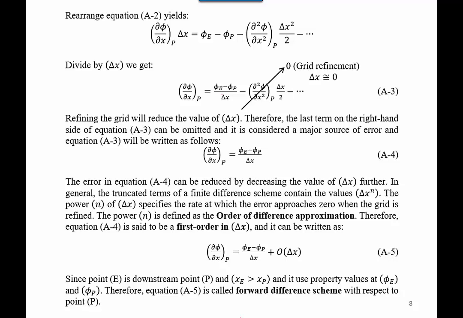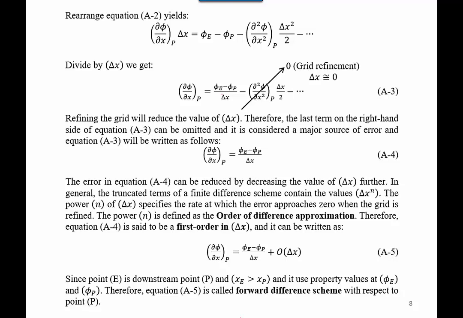Therefore, equation A4 is said to be first order in delta x, and it can be written as shown in equation A5: the partial derivative of phi with respect to x, or the first derivative of phi at point P, equals phi at big E minus phi at big P divided by delta x plus the order of delta x.